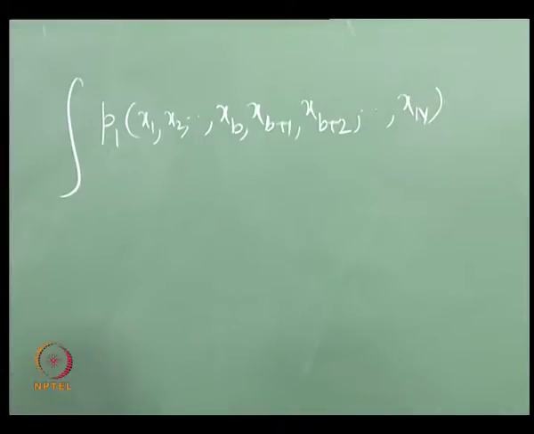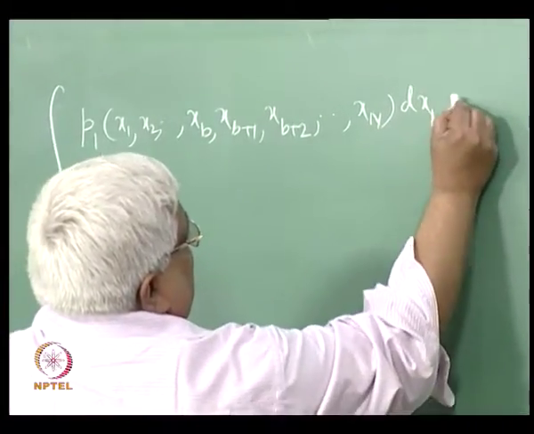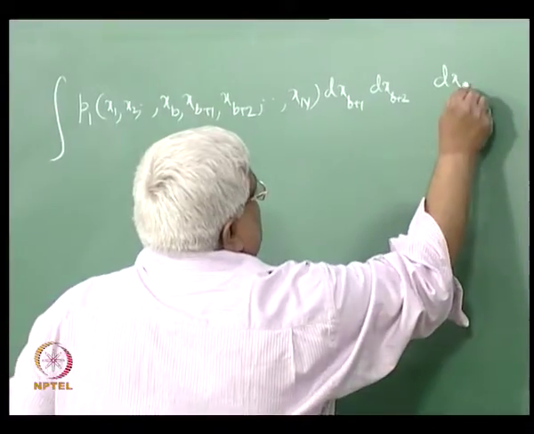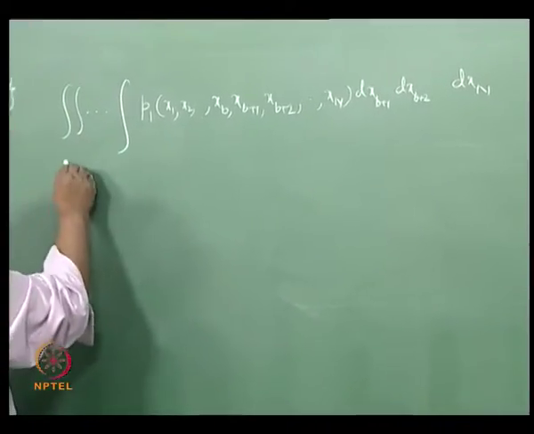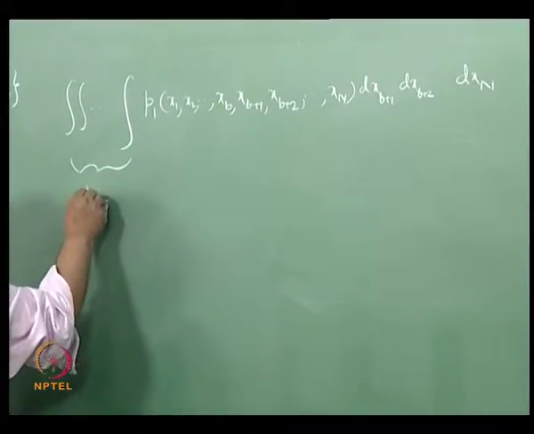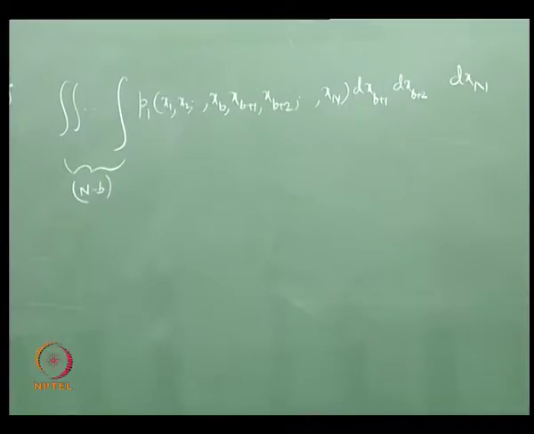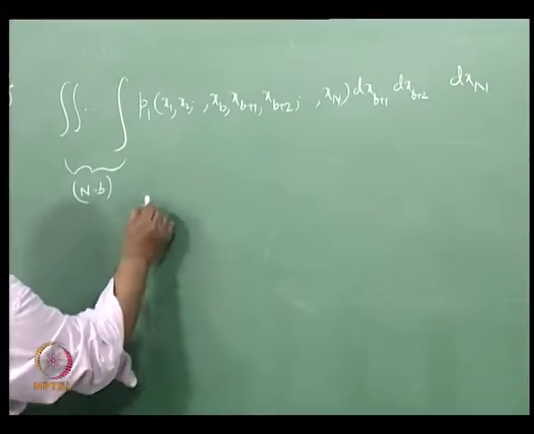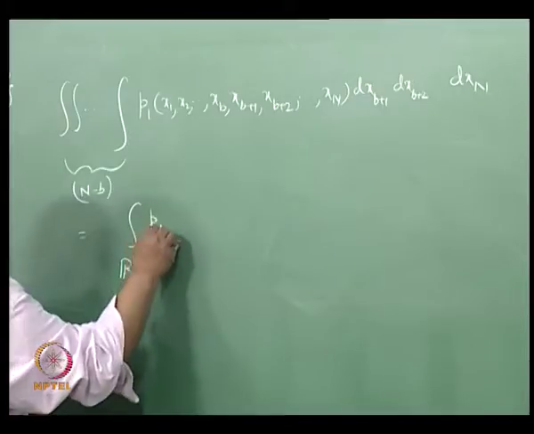I will do the integration over dx b plus 1 to dx n, so this will be over n minus b dimensional space, or basically this is the same as the integral over R to the power of n minus b of p 1.